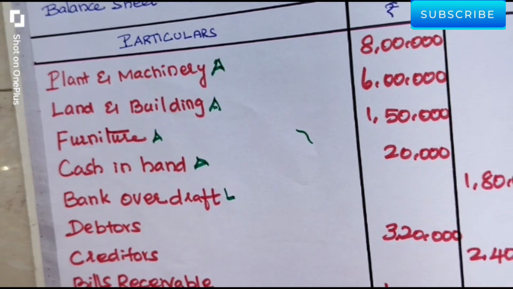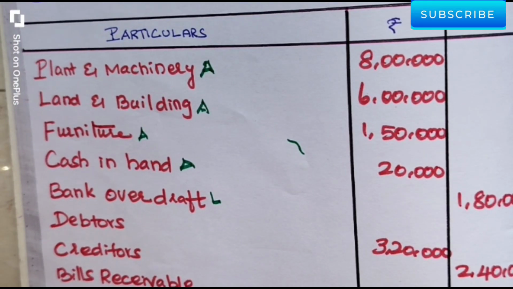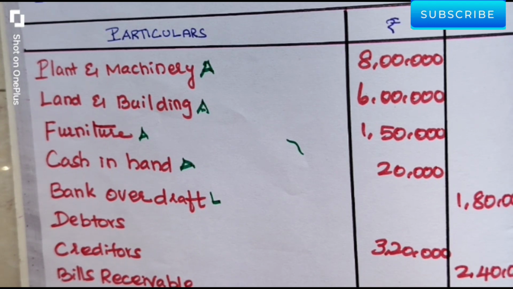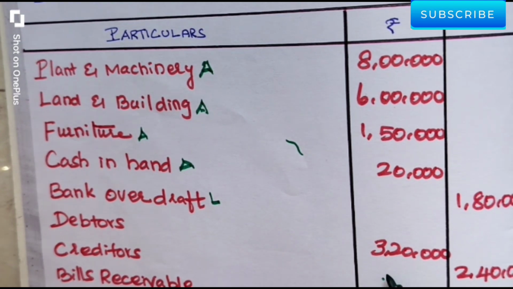Then debtors. What is meant by debtors? Say for example, take a person named Raju. Raju bought goods from you on credit basis. Whether it's cash basis or credit basis? Raju bought goods from you on credit basis, rupees 3 lakhs 20,000.